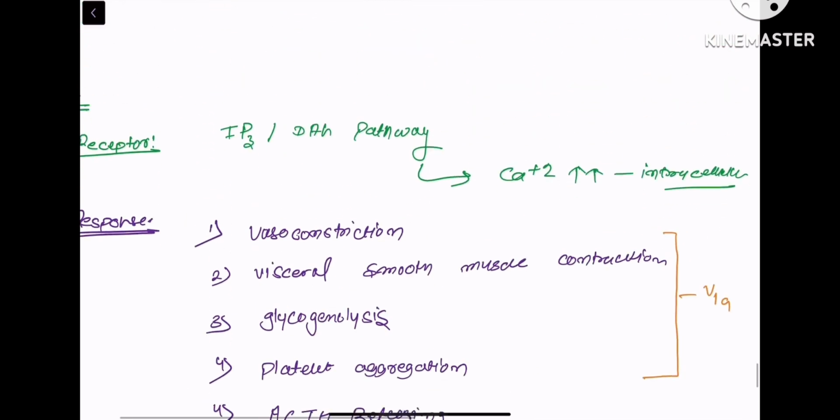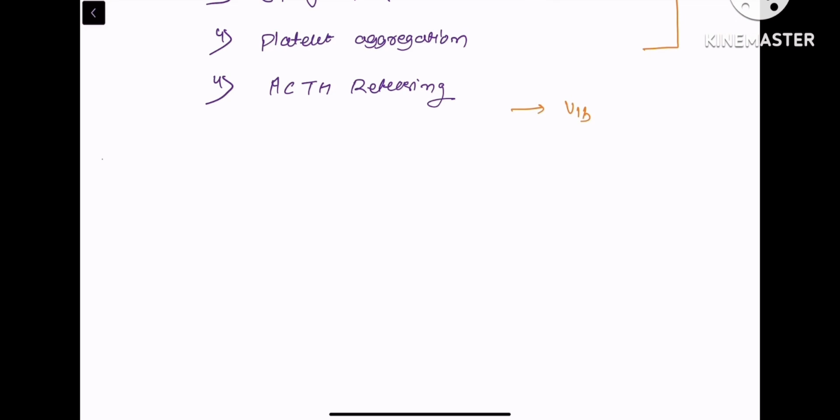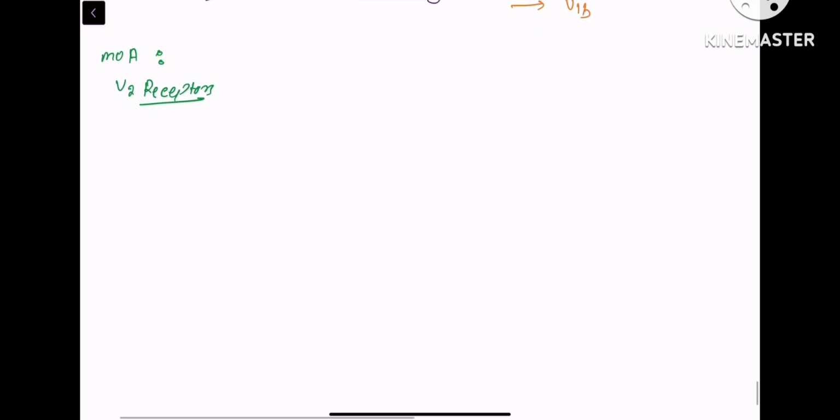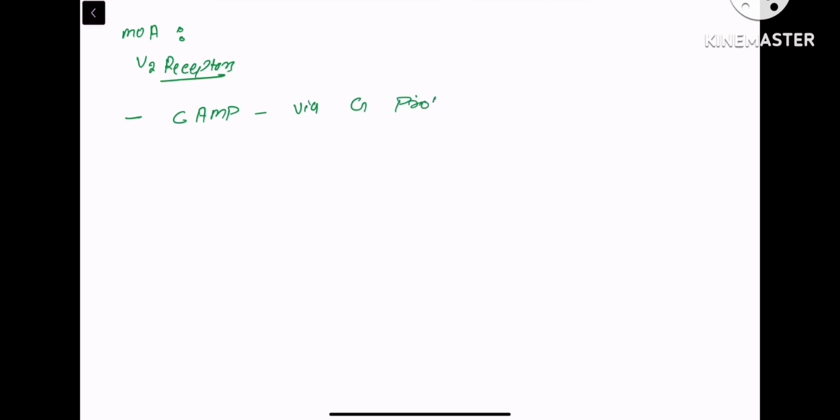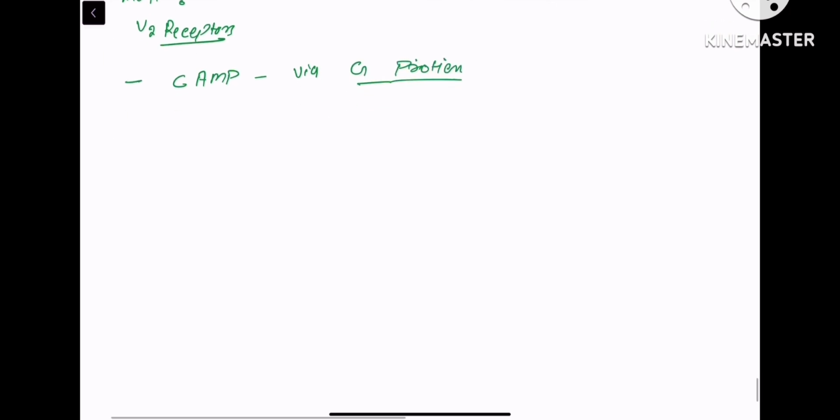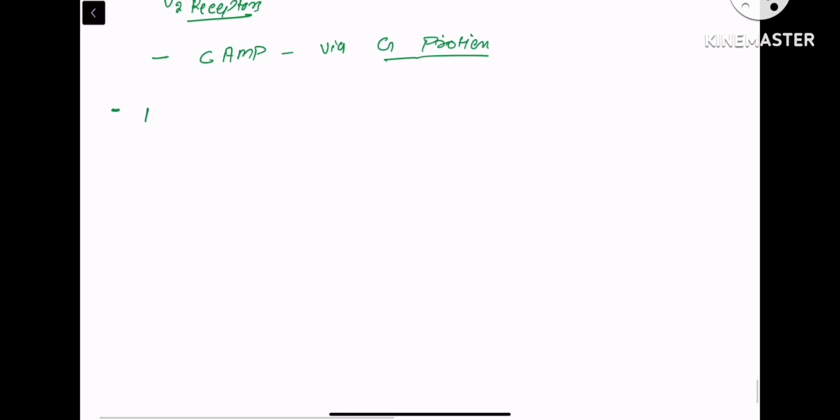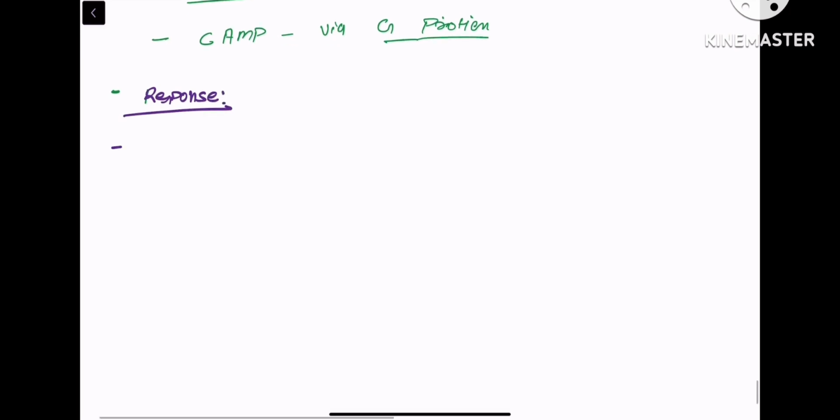Now discuss the mechanism of V2 receptors. This acts by increasing the intracellular cyclic AMP concentration. The first response will be water reabsorption.